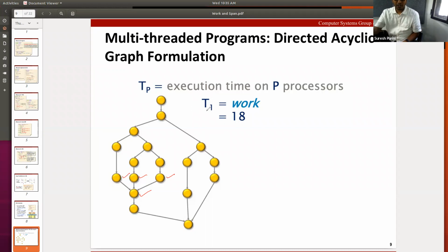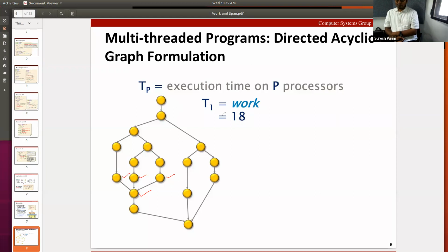That is nothing but you take a topologically sorted directed acyclic graph and execute these nodes, doing the work one after another. The total time required depends upon the number of nodes present in this graph. In this particular graph, there are 18 nodes, so the total time required to execute this DAG is equal to 18. So T1 is the total work.